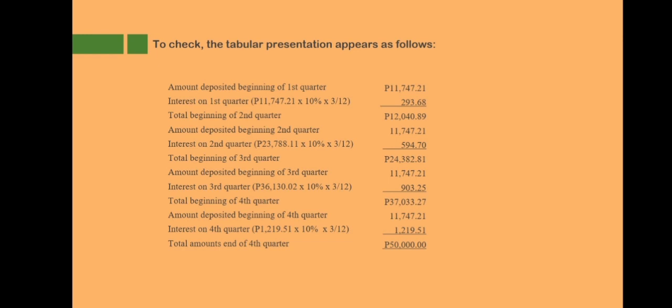And if you get its interest, the interest is 1,219.51, and if you add the three of them, you will have 49,999.99, and if you round it off, it becomes 50,000. So, based on the tabular presentation, the required amount of 50,000 pesos at the end of 4 quarterly payments of 11,747 pesos and 21 cents has been met.